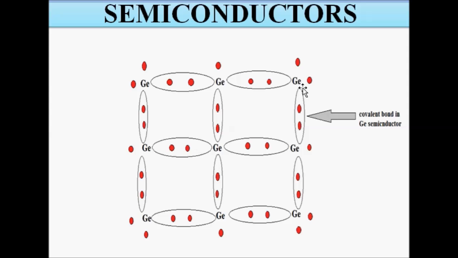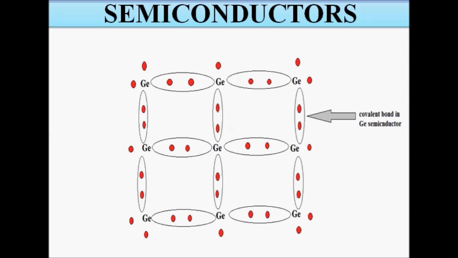Silicon also has the same bond formation structure, as it has 4 electrons in its outer band or valence band, so it also follows the same bond formation pattern.